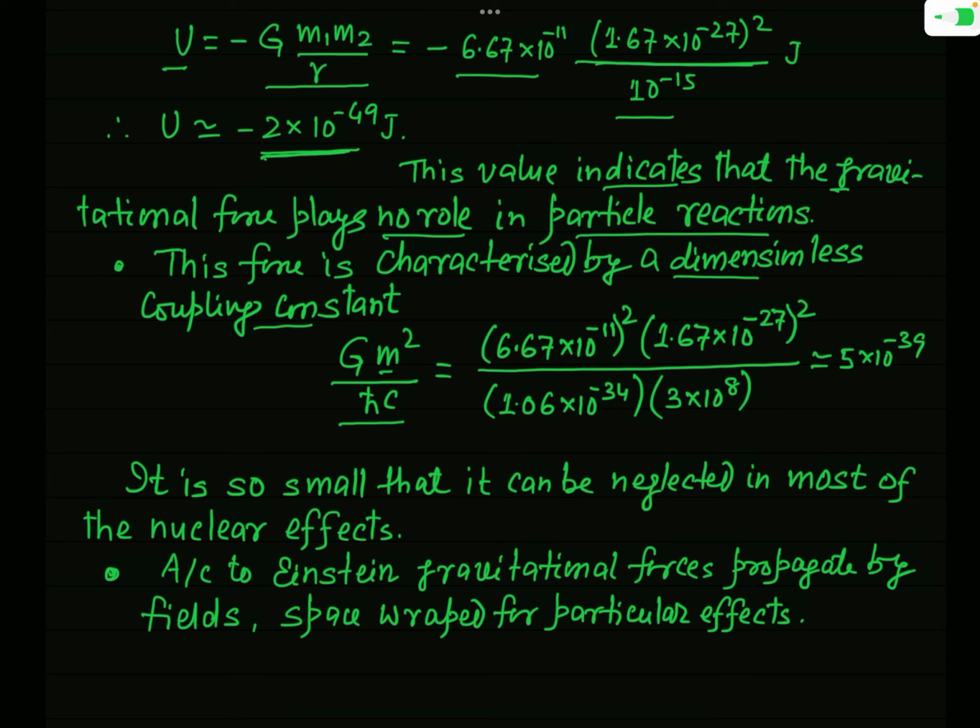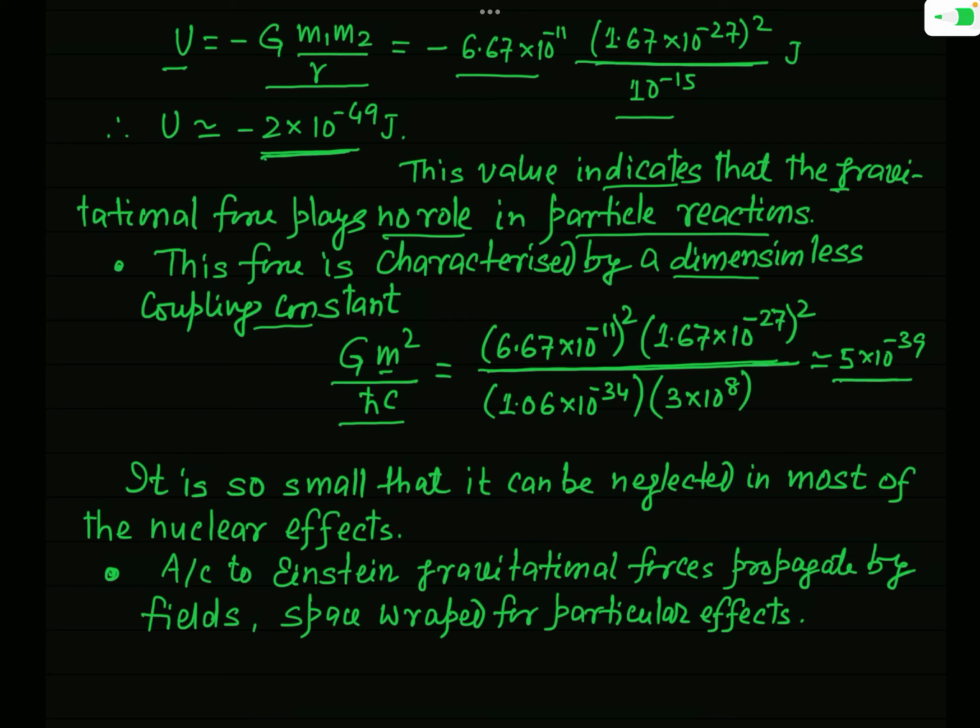So let us substitute the numerical values of all these quantities. When you substitute and simplify, you will see that this coupling constant comes out to be 5 into 10 to the power minus 39.